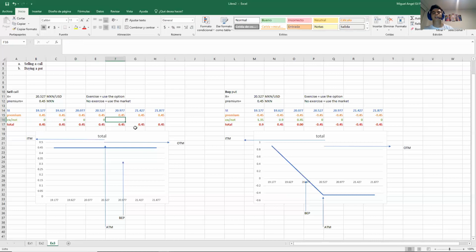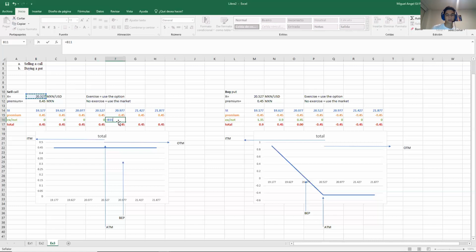But in here, it is almost 21 in the market and I'm selling it at 20.5. That means the person is going to come to me and exercise it with me and buy it from me. But I will be sad about it, right? Because I will be selling my dollar at a cheaper price compared to the market. So that difference is negative. Sorry, it's the other way around.